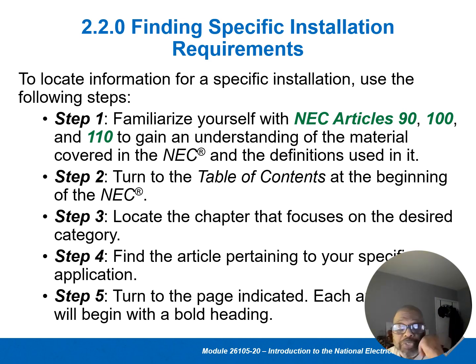Now you'll be able to find what you're looking for a little bit quicker. Locate the chapter and focus on the desired category. Again, you're not flipping through the book, because the book is thousands of pages. Number 3, find the article pertaining to your specific application. Number 4. Number 5, turn to the page indicated, beginning with the bold heading.